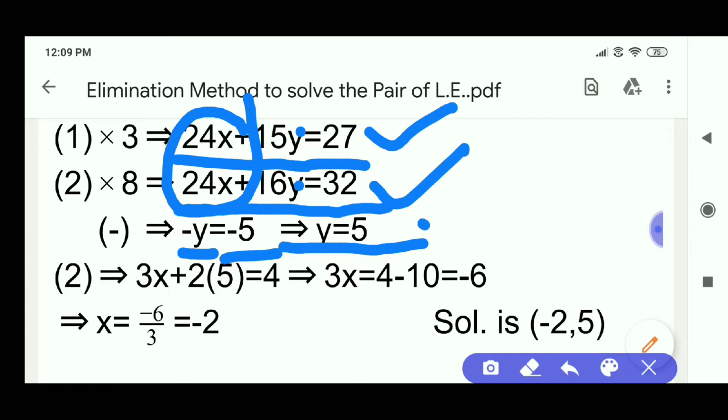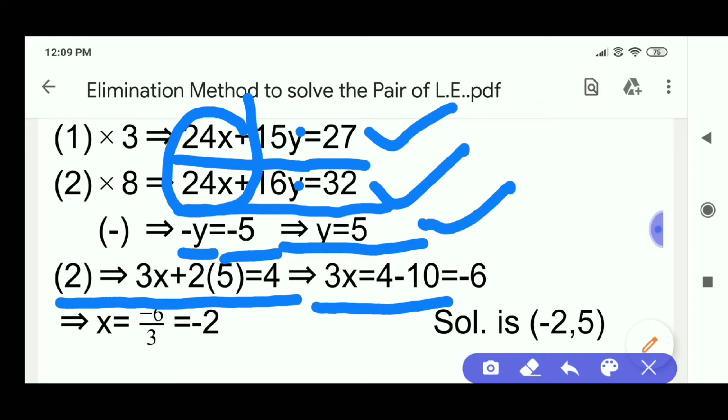Now we substitute the y value in the second equation. 3x + 2 × 5 = 4. So it becomes 3x = 4 - 10 = -6. 3x = -6. So x = -2. The solution is (-2, 5).